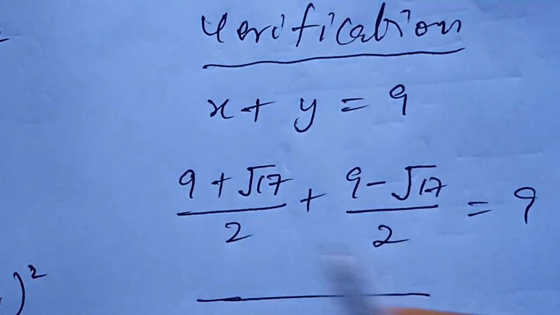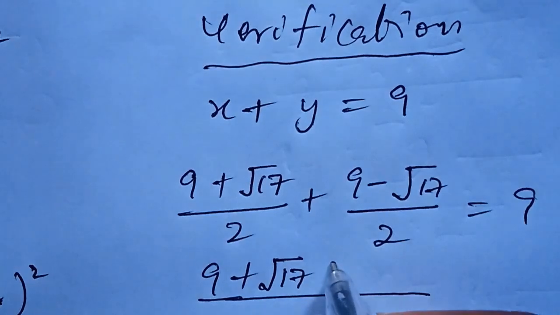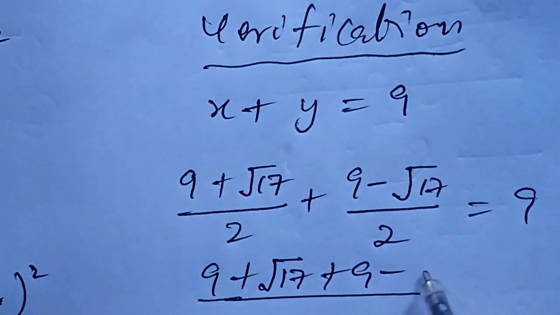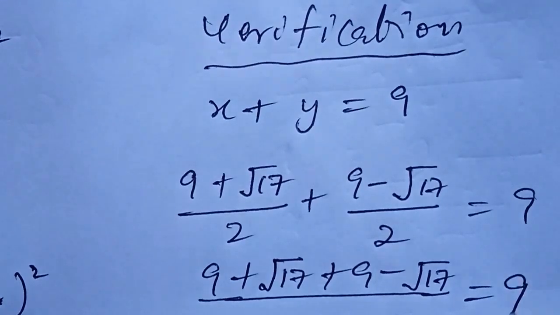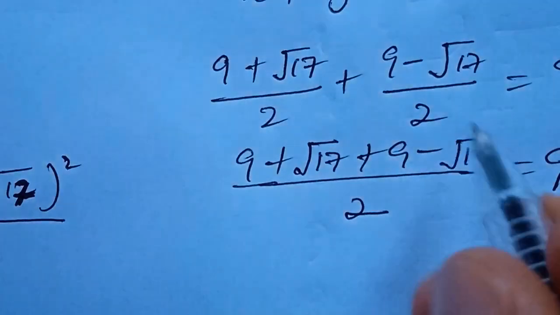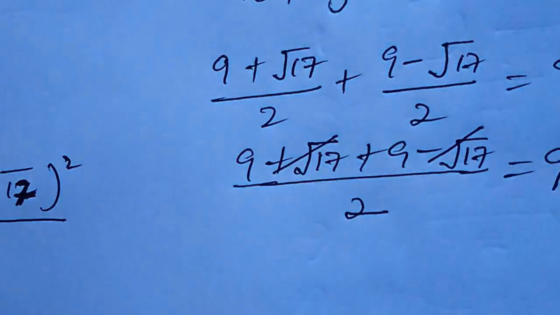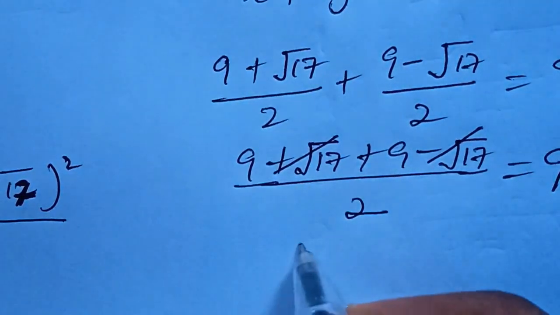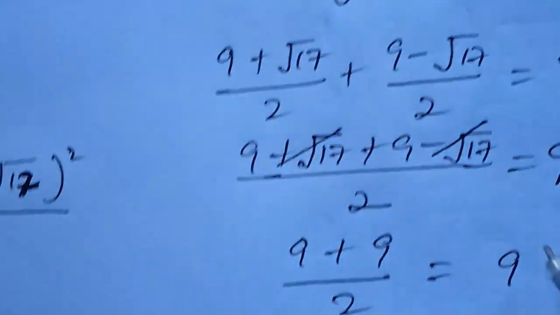Since they are the same, we have 9 + √17 + 9 - √17 equal to 9. The negative square root cancels out the positive, so we are left with (9 + 9)/2 equal to 9.